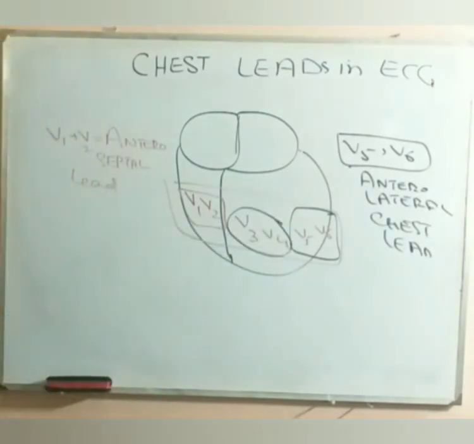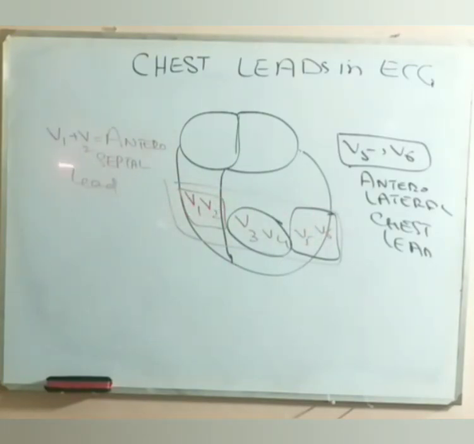When we talk about cardiac ischemia and look for ischemic changes, we so often hear these words: anteroseptal ischemia, anterolateral ischemia, anterior wall ischemia. This is because the chest leads are subdivided into three categories.